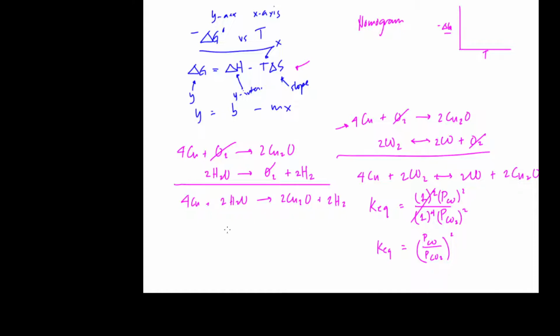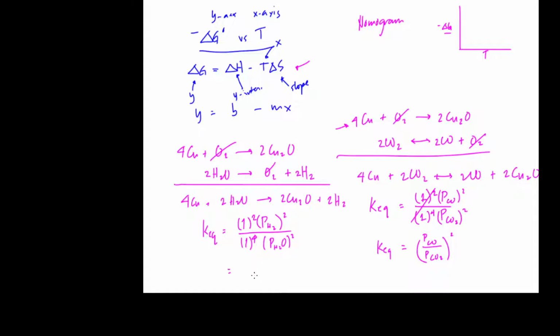Okay? So if we again compute for KEQ, the product side is 1, again pure condensed phase, raised to the power of 2, times PH2 raised to the power of 2, over, again, pure condensed phase, copper, to the power 4, times PH2O to the power of 2.